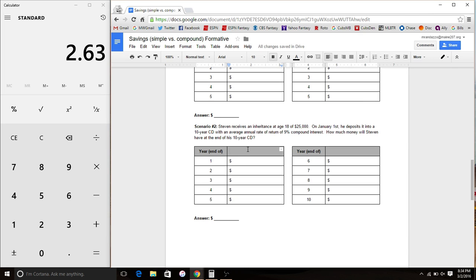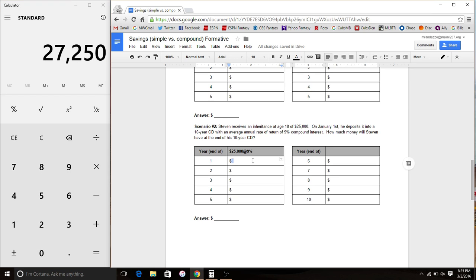So right here we could just put, to help us, $25,000 at 9%. Okay, so the first year we just do 25,000 times 0.09, and so we made 2,250 in interest. Okay, but we put 25,000 in, so we got to add that to the 25,000.